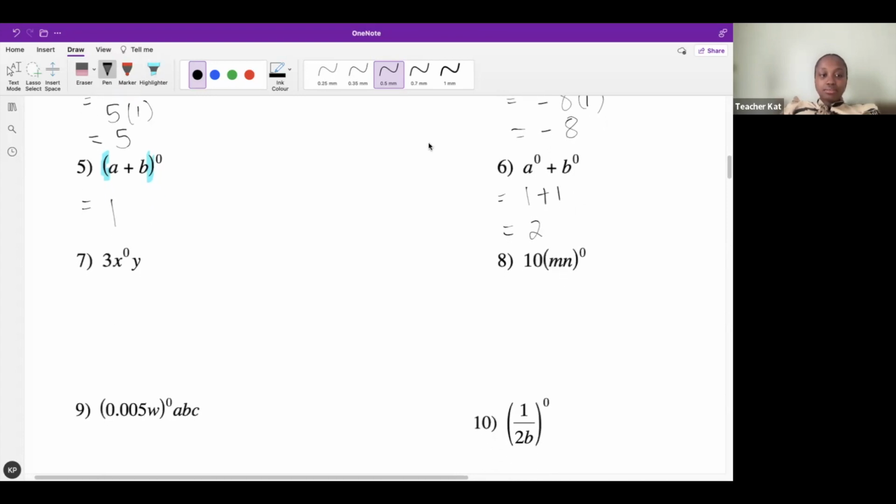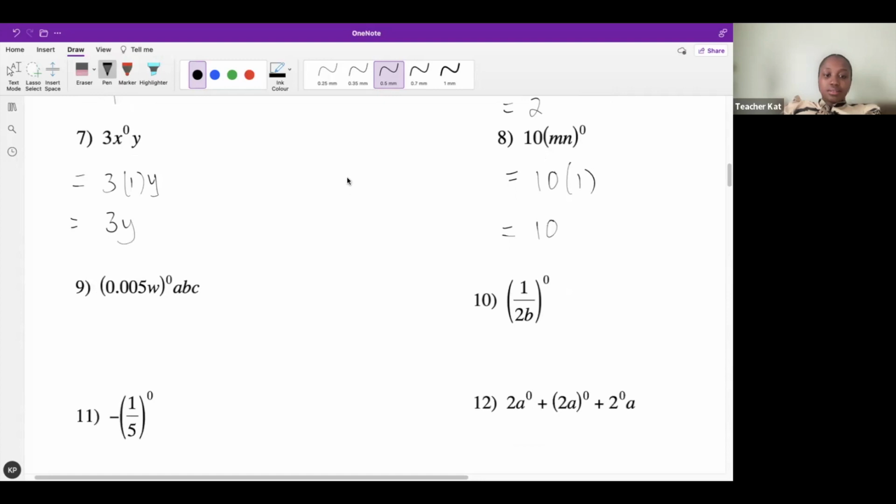Number 7, 3y. This is 3 times 1 times y. And this will just give us 3y. Number 8 is 10 times 1, which is 10.